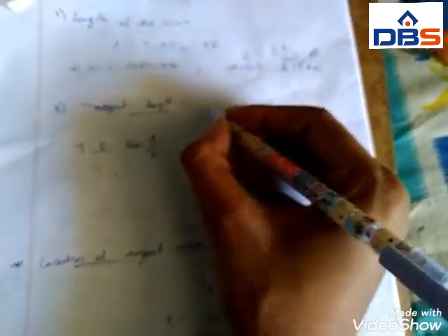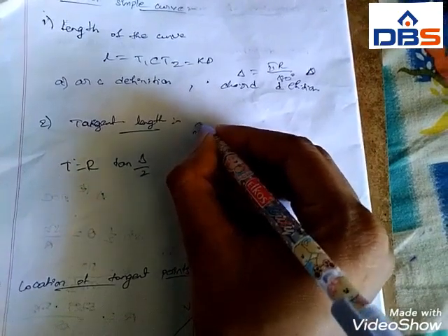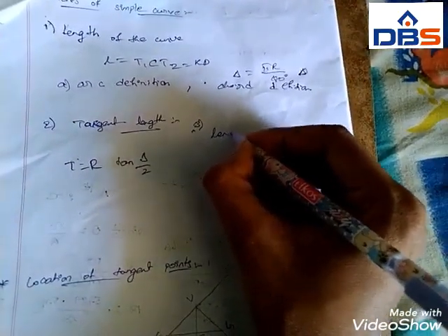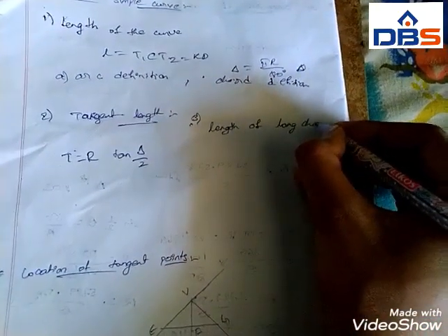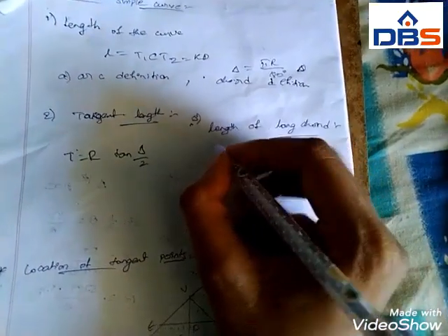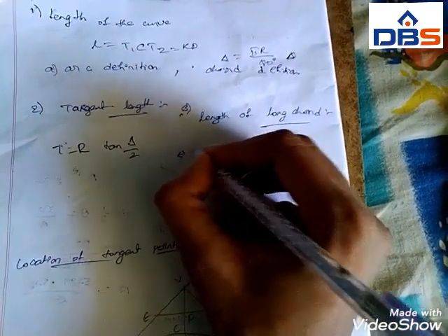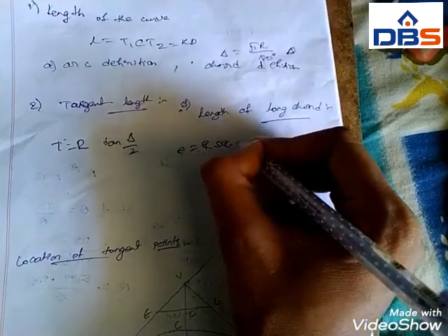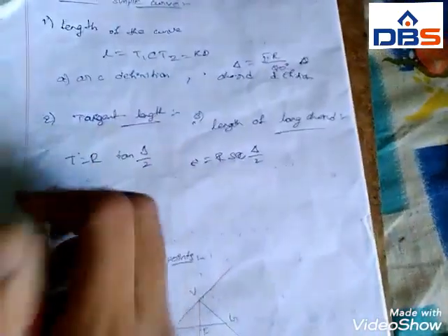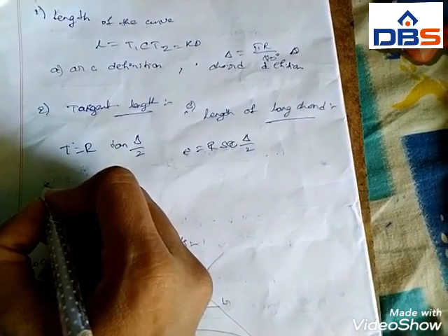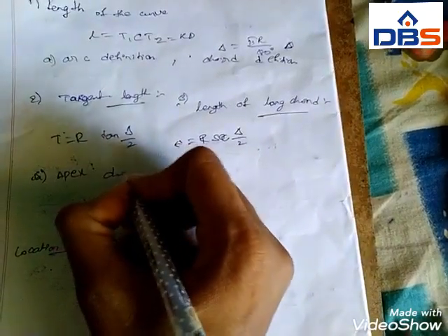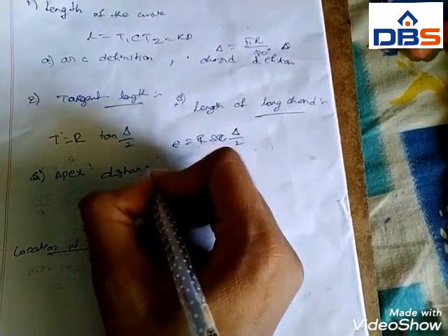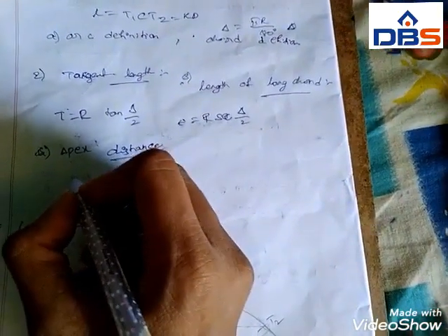Now the third one is the length of the long chord. The length of the long chord is equal to 2R sin delta by 2. Now fourth one is apex distance, or we can also call it external distance.